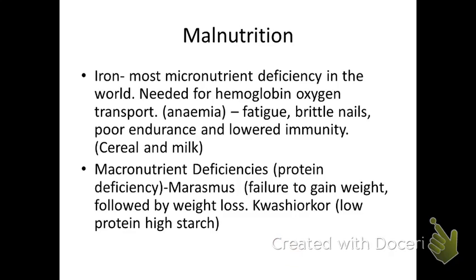So a lot of this is really getting into your book and taking the time to learn these different malnutritional problems, and they're going to ask you for specific names of these malnutritional deficiencies and what we are doing in the world to take care of those problems.